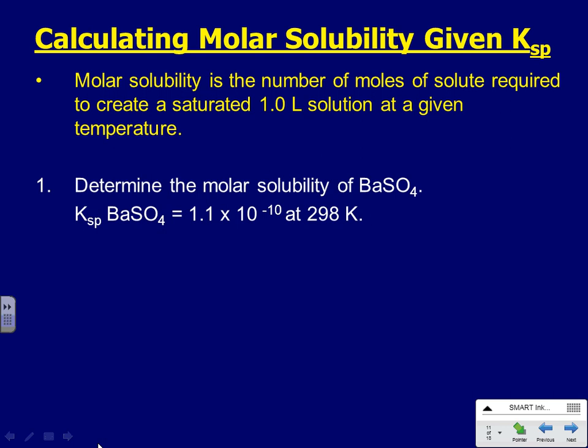So here's where these questions become difficult. We throw a question out to you that says, determine the molar solubility of barium sulfate. Now, if I had you go through an ice table, you might have to ask the question, which one is this? Is this given all the E's? Is this starting with I and going to E?